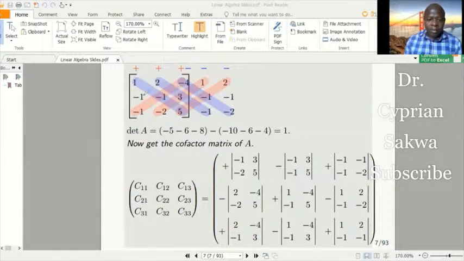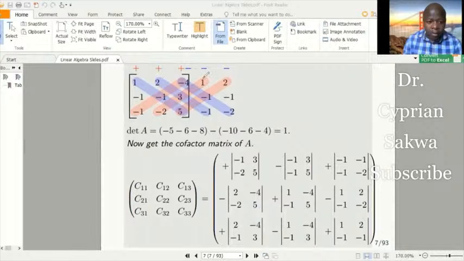Now I come to this element, delete its row, and delete its column. So I'm left with 2, negative 4, negative 2, 5. And the sign is negative. Remember that the signs are alternating. Now let's come to the element in row 2, column 2.